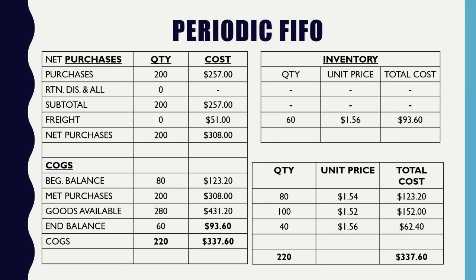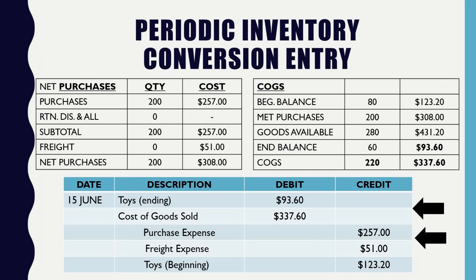Okay. All right. So, again, we reach the end of our period. So therefore, we need to make another conversion entry. But this time, what we have is beginning inventory. Okay? And what you do with that beginning inventory is, since we are selling it out, we need to make sure that we journalize it on the credit side.